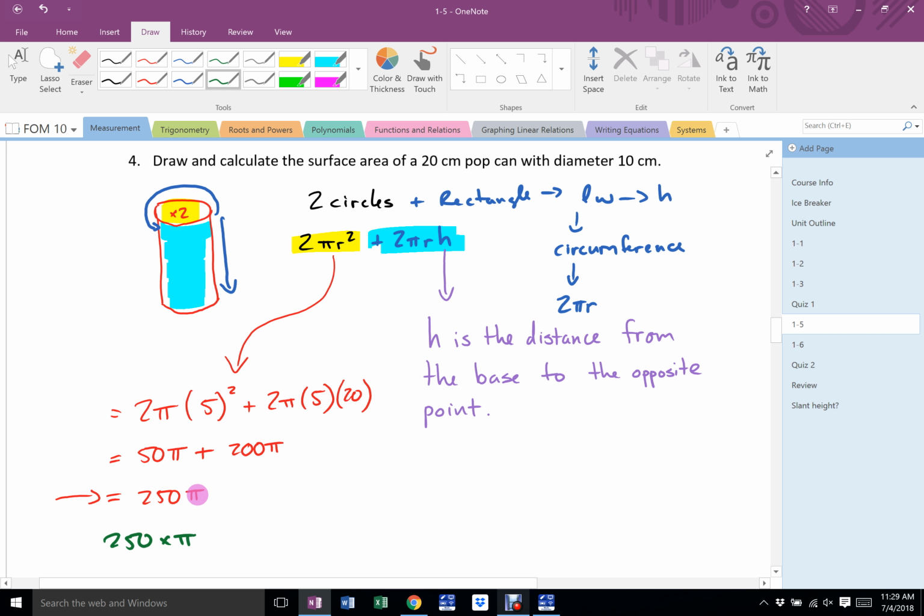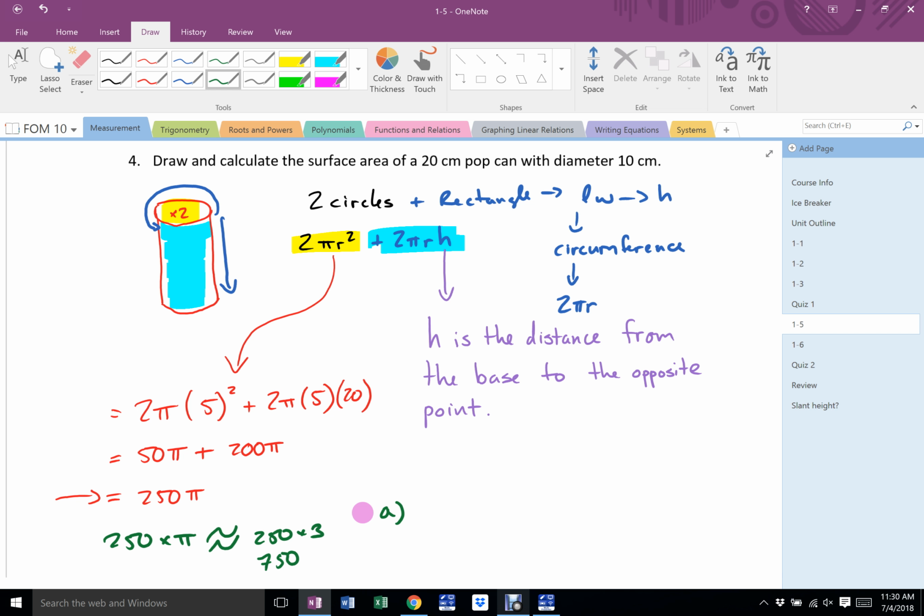Because what's pi really close to? 3. So 250 times pi is pretty close to 250 times 3, correct? So if there's a choice there that is pretty close to 750, do you know that's the right answer? Yes. Everybody understand?